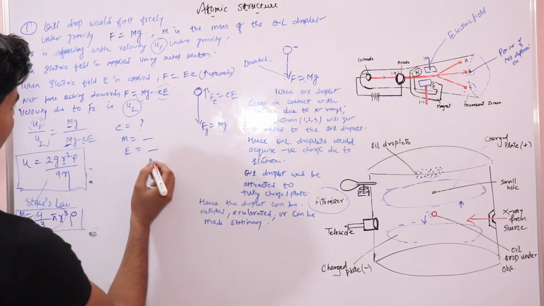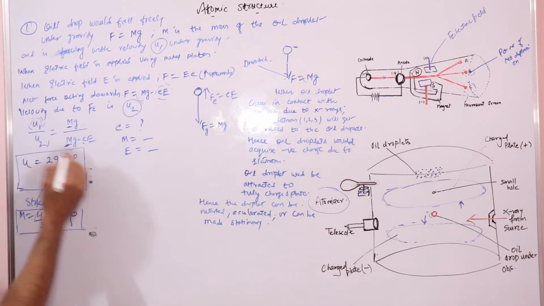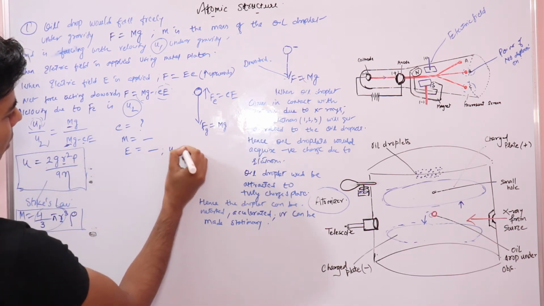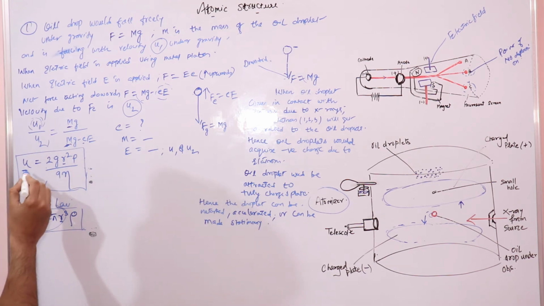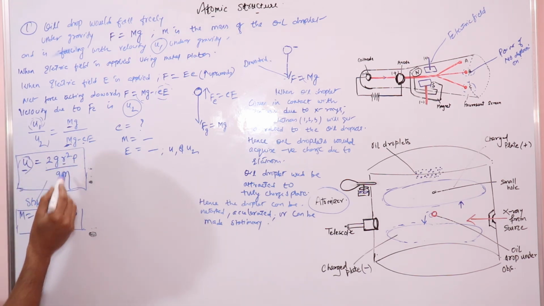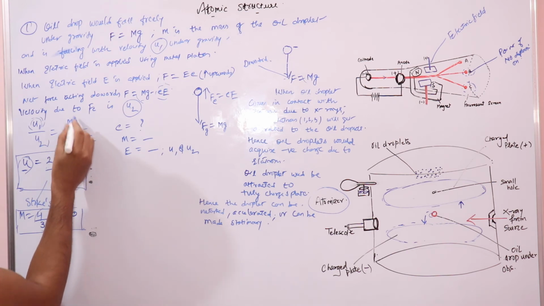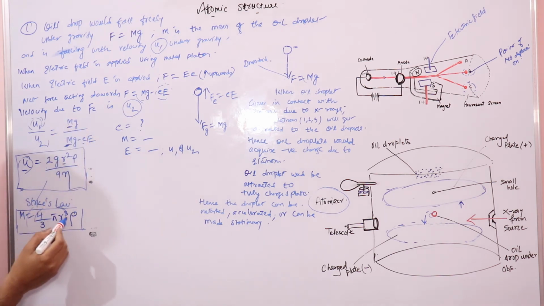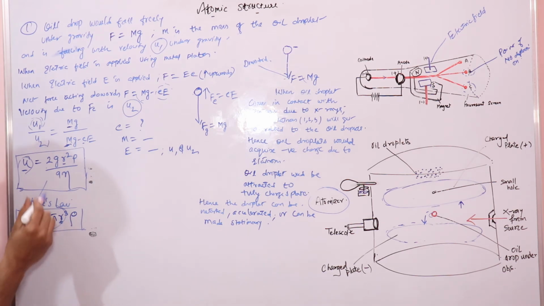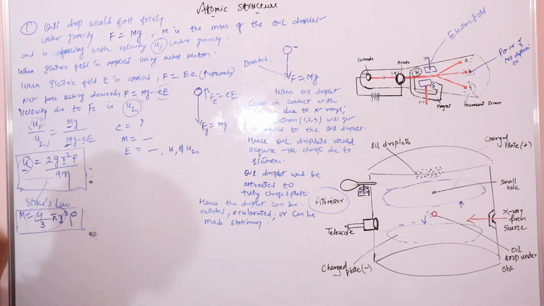The mass can be found out from 4 by 3 pi r cube rho, and the radius using Stokes' law.